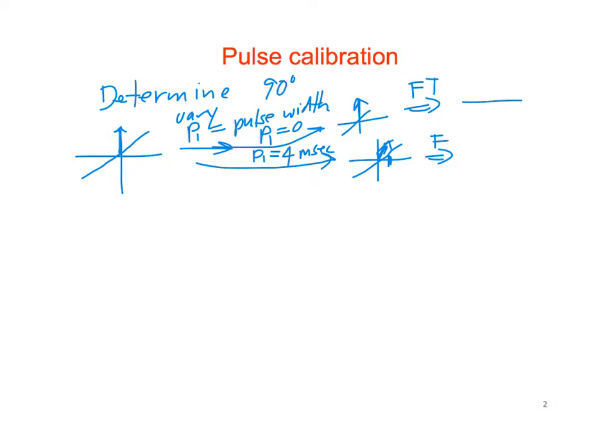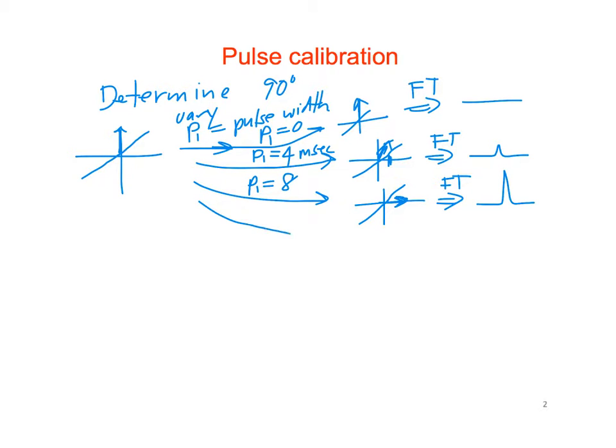We do the Fourier transform, and we get a small positive signal. If we do it longer, P1 equals maybe 8, it tips down even farther. Let's say it tips all the way down. We do our Fourier transform, and we get a bigger peak.